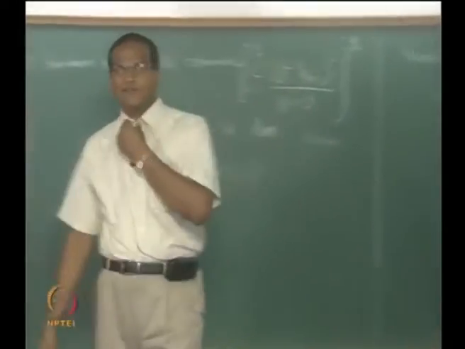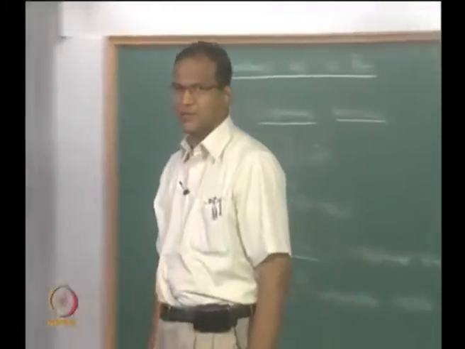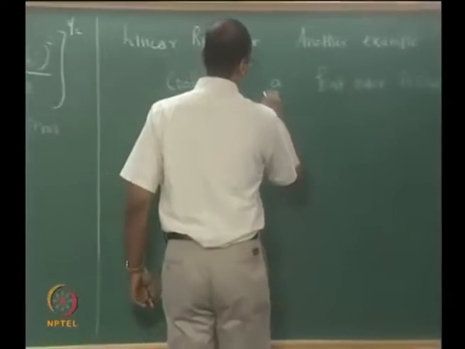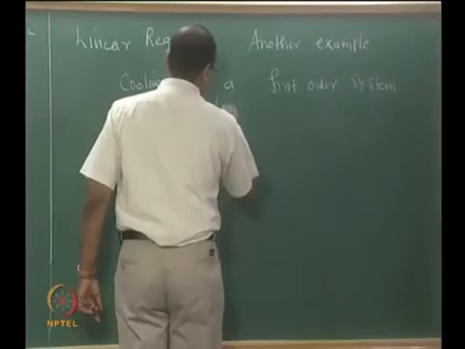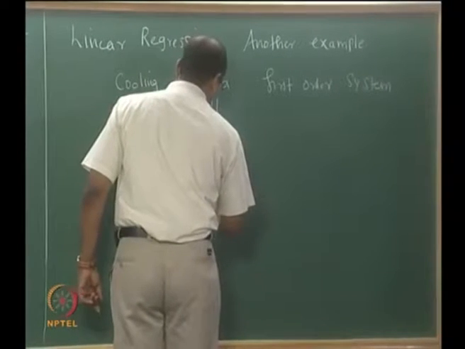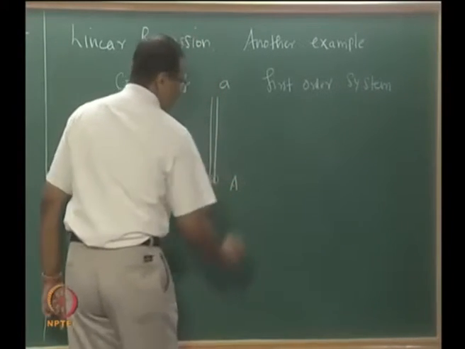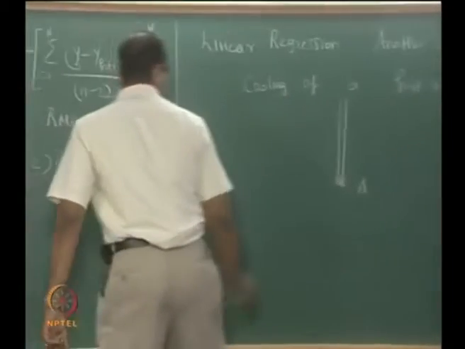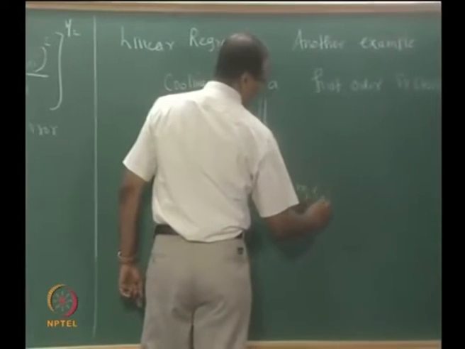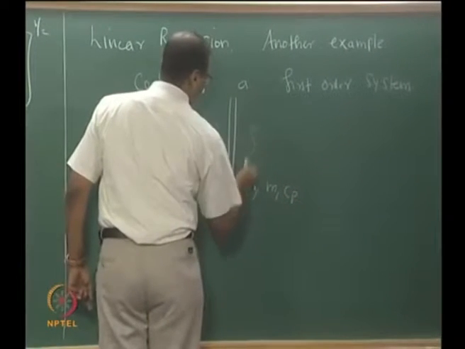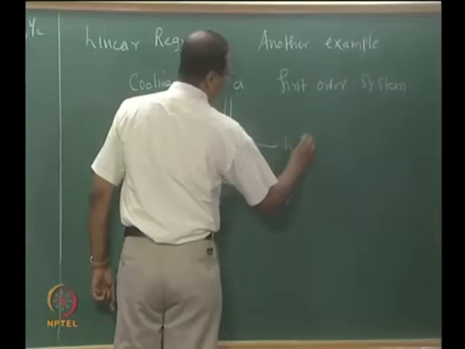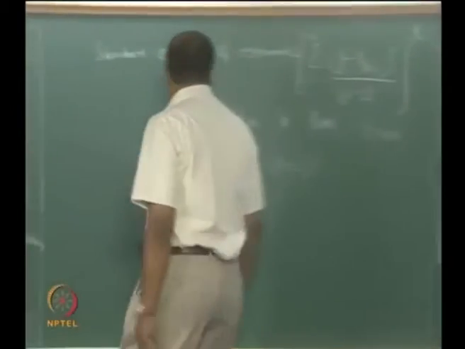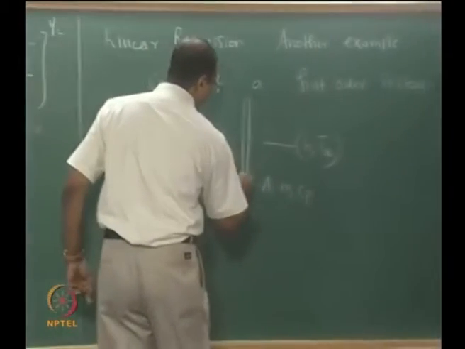Mercury in glass thermometer kept in a patient's mouth and so on. So, if you have something which has surface area A, mass m, and outside you have h and T infinity. Okay, so this is the thing under consideration.